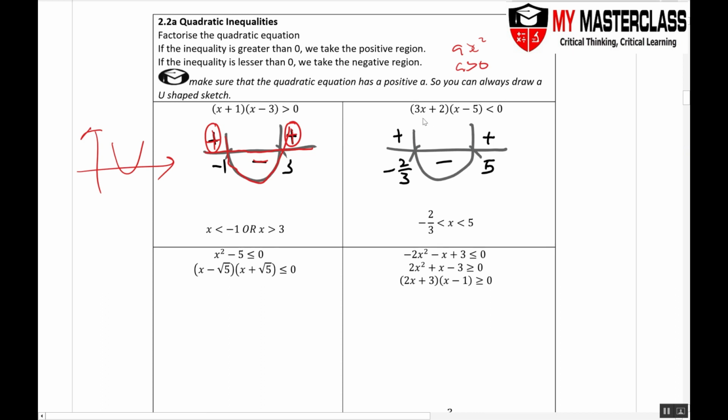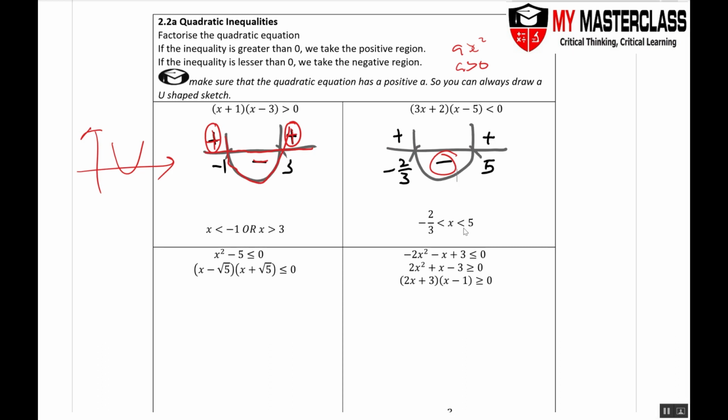Same thing, in your factorized form, work out your x solutions first: -2/3 and 5. If this is less than 0, the region you are looking at is this negative region, which is between these two values. So you have x more than -2/3 but less than 5.